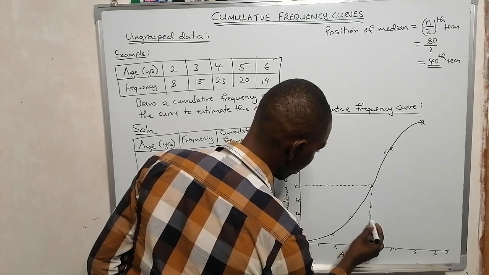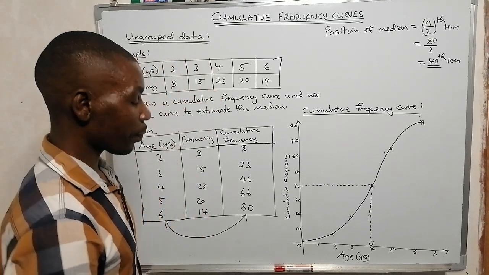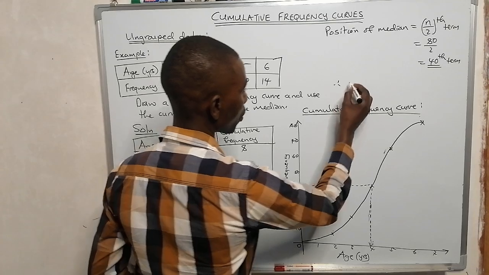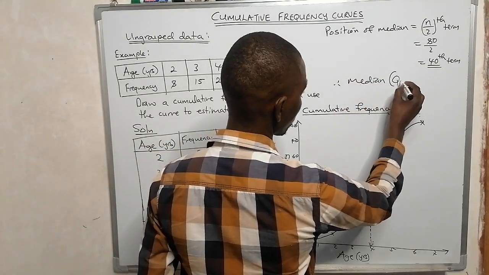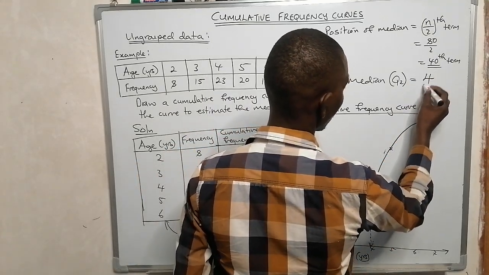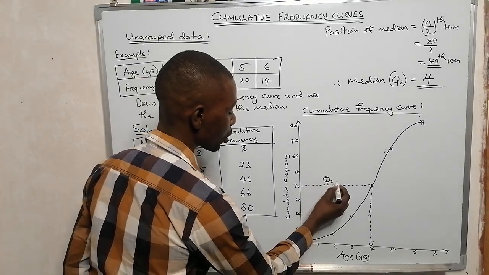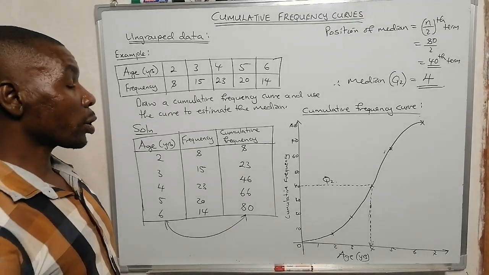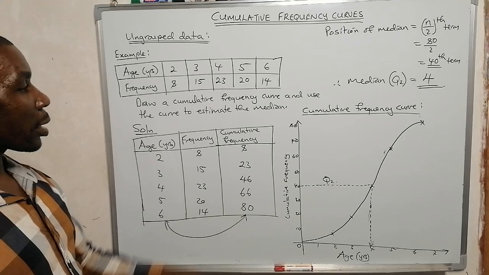What is the number here? We have something like 4 on your graph paper. So therefore your median, sometimes called Q2, is equal to 4. That's how you get your median. So this is how you plot your cumulative frequency curve from ungrouped data.